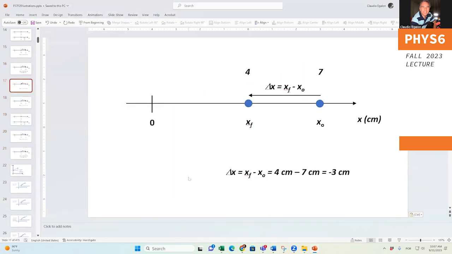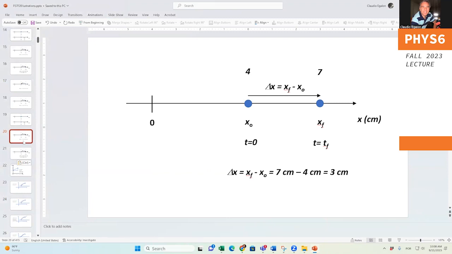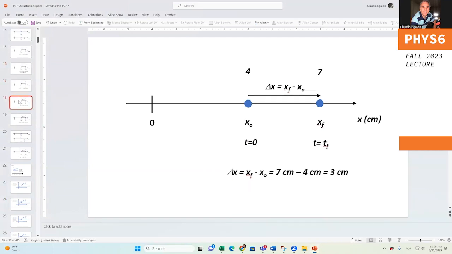Right here. Right? So here we have this particle that moves from position 7 to position 4. Okay, and then back from 4 to position 7. That's the best way of understanding the difference. Okay, there you go.